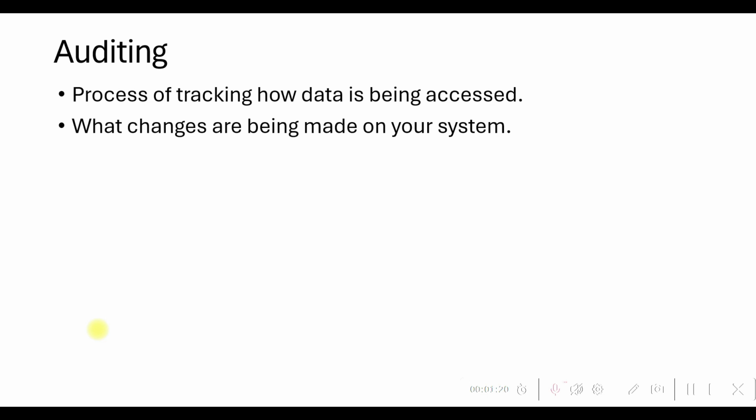So you may have users to whom you have given permissions. If you want to know how they're accessing data, how they're using data, you need to use auditing, and also what changes are being made to your system. With more emphasis on security nowadays, you should know what features are there in SQL Server for auditing. So let's go on to the next slide.